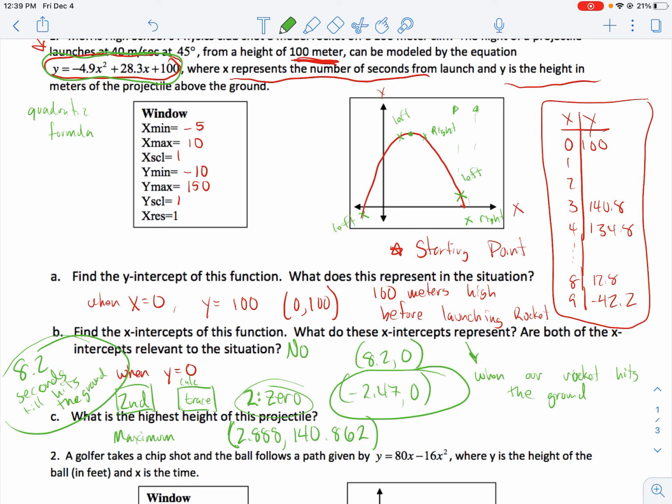Okay, so what is the highest height for this projectile? 140.862, and this is meters, and that is our answer. Okay, so you might have to utilize those videos in order to find your maximum value or your x-intercept. Okay, again, we'll work on these in class, but I just want to reiterate how to find those things.